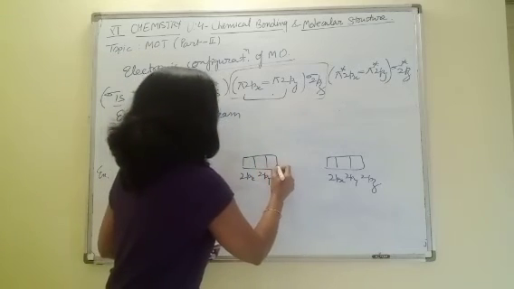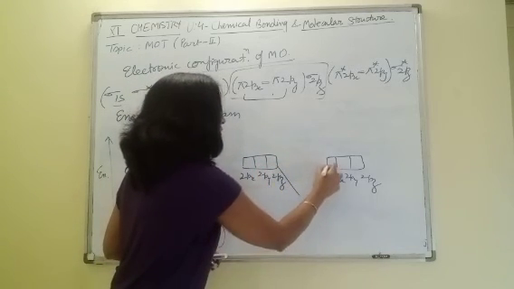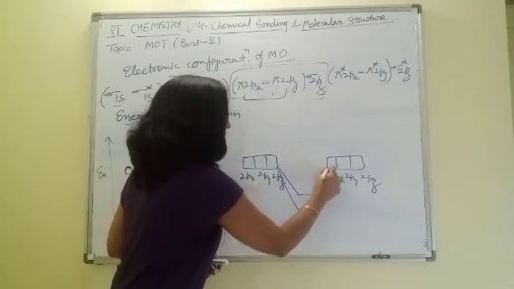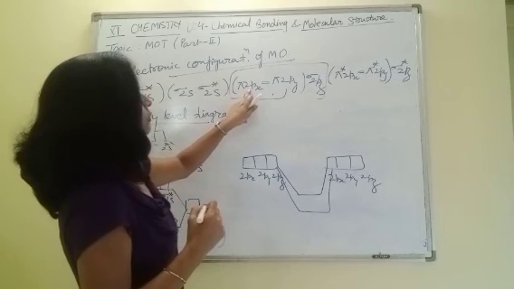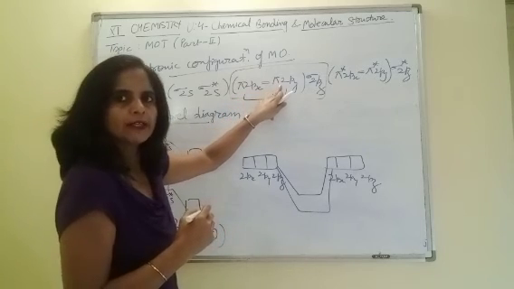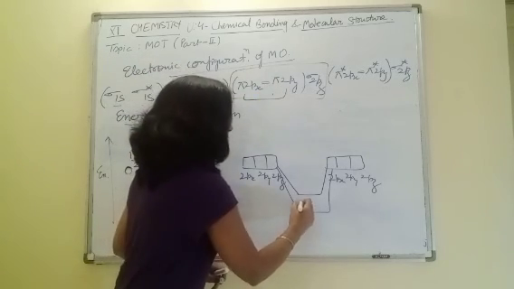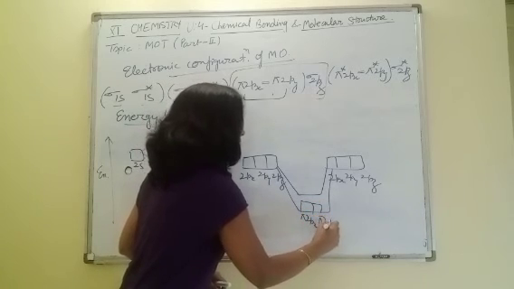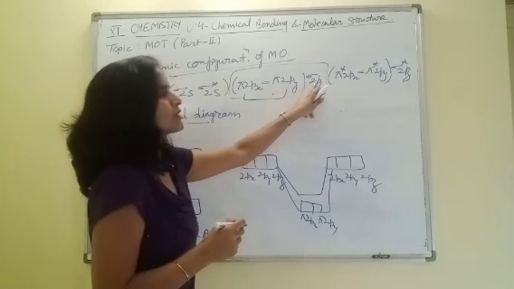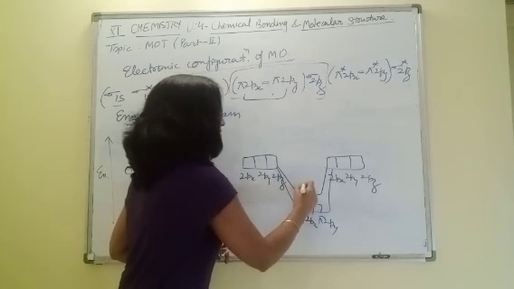So this is the first 2 levels for bonding and then 2 levels for anti-bonding. Pi 2px equals pi 2py, low energy. Pi 2px, pi 2py.